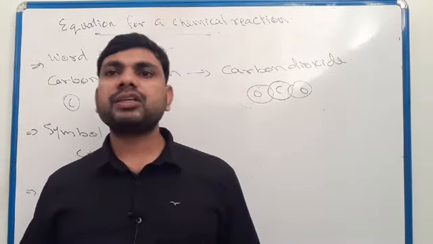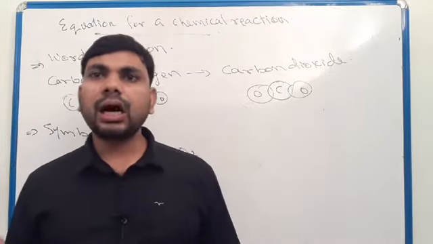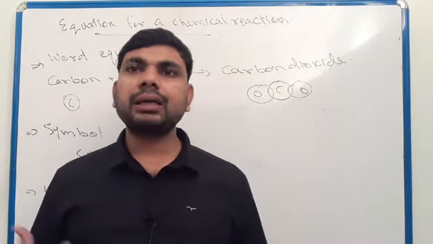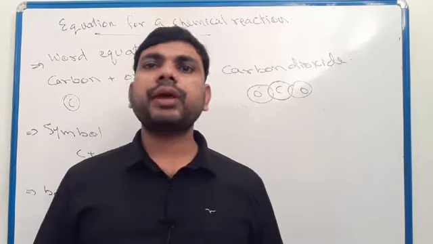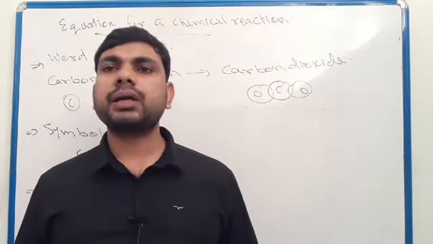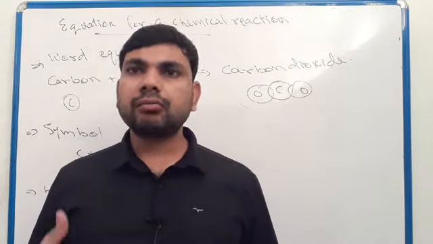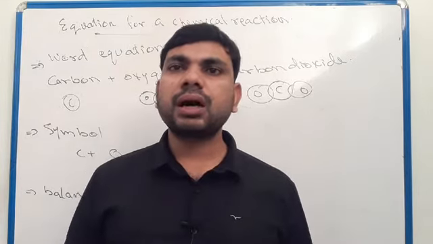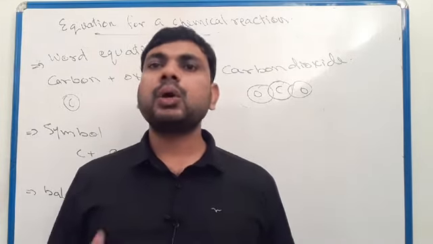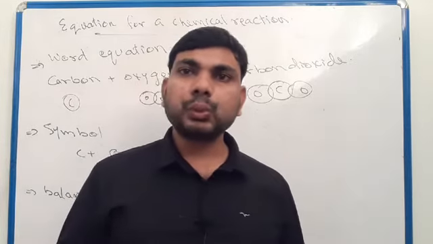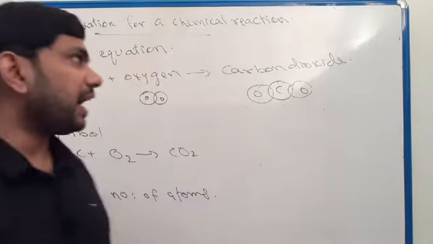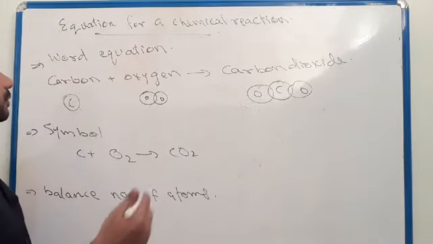We know there are different types of chemical reaction. How to make a chemical equation for a chemical reaction? For example, carbon reacted with oxygen to form carbon dioxide. What is the chemical equation for this chemical reaction? To make a chemical equation, we have different steps.